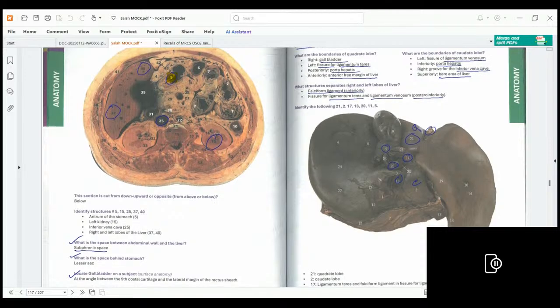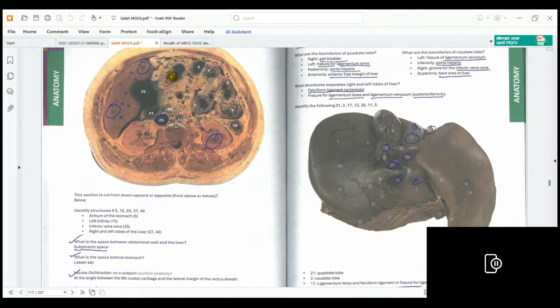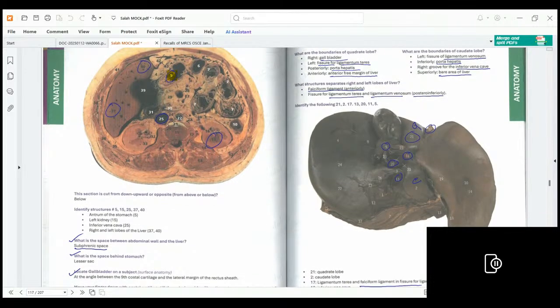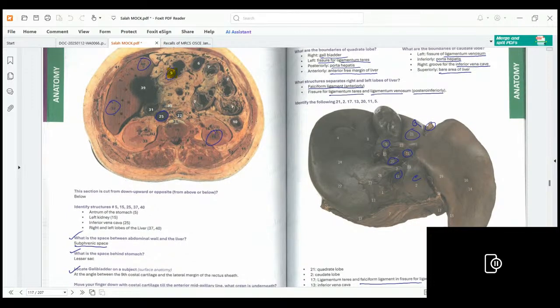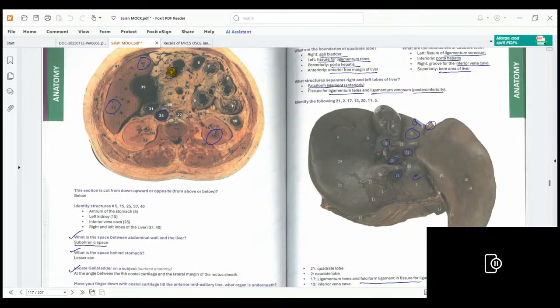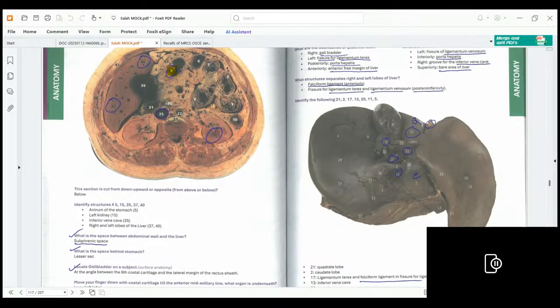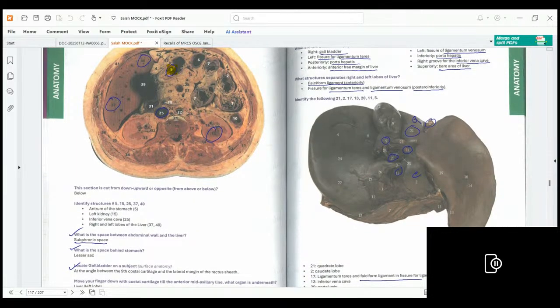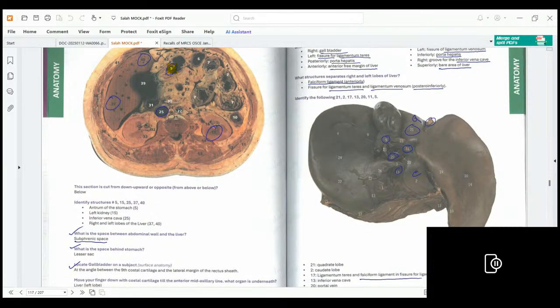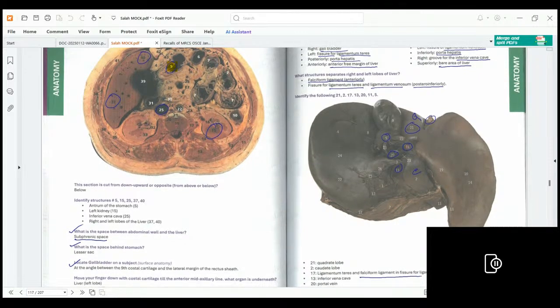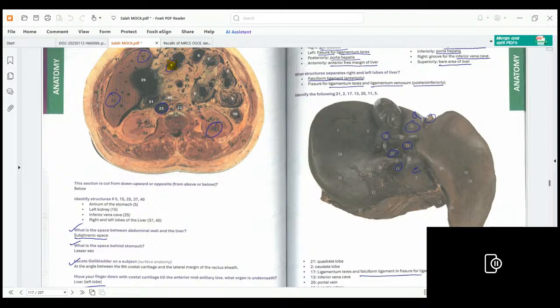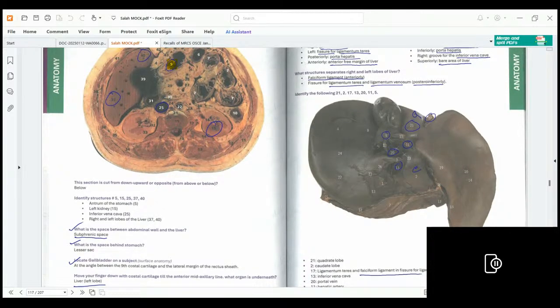Again, number 5 is antrum of the stomach. Number 15 is the left kidney and number 25 inferior vena cava. Number 40 is the left lobe of the liver. Number 37, right lobe of the liver.